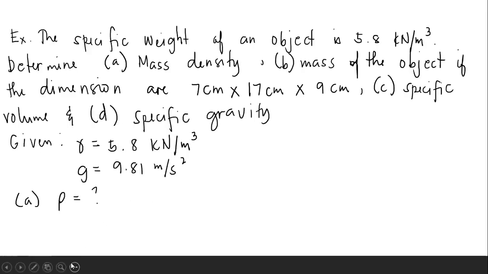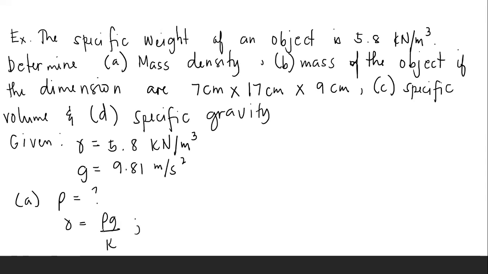Okay, what formula are we going to use? Specific weight is equal to rho g over k.